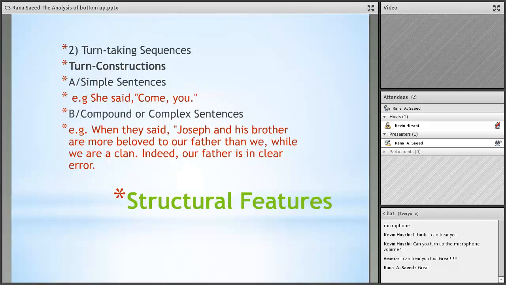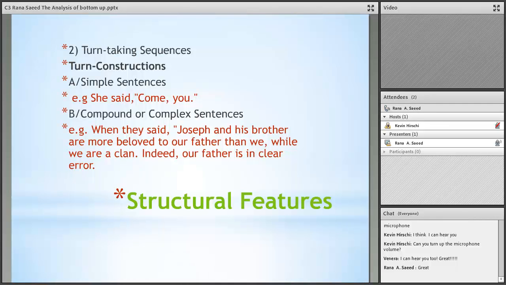Based on their opinion, turn constructions can vary from simple sentences to more complex terms. Now, in the data under analysis, the turn constructions are mainly of two types.